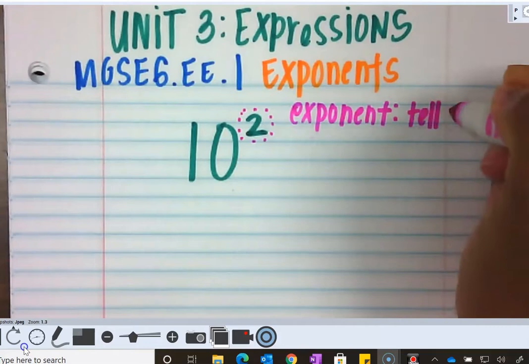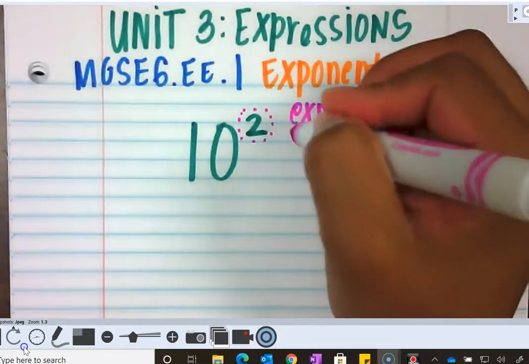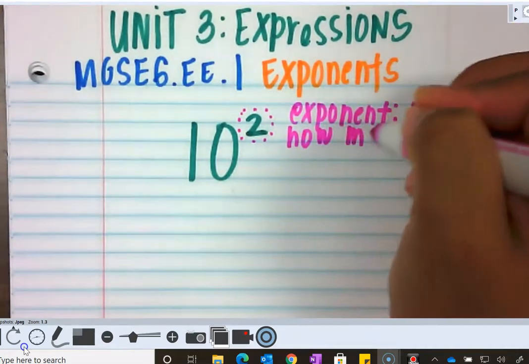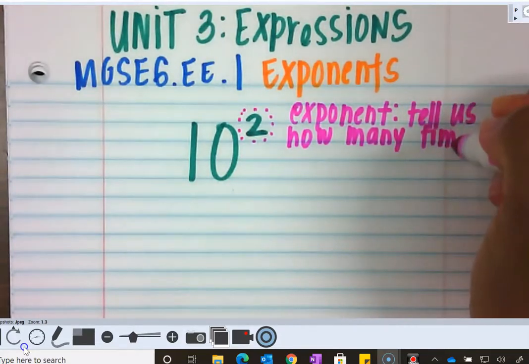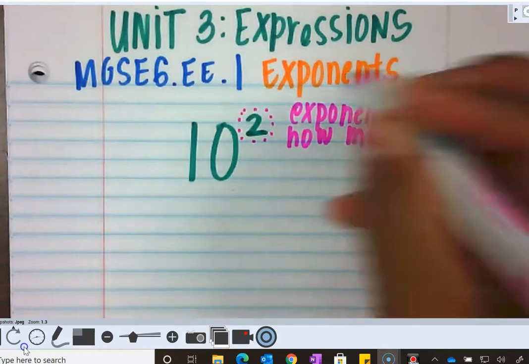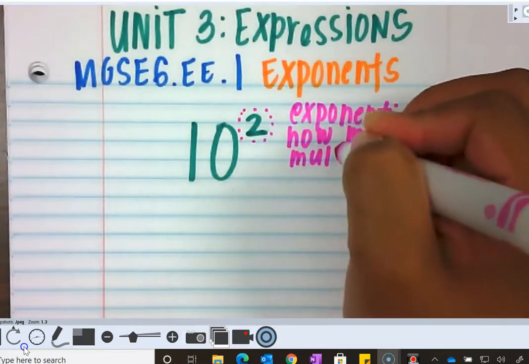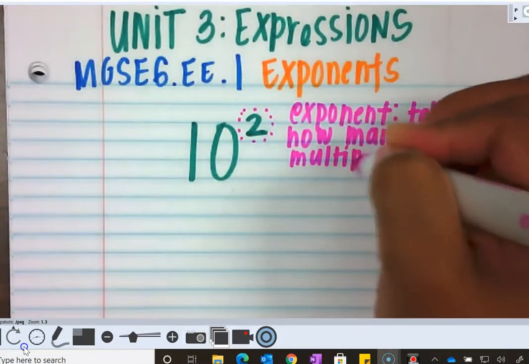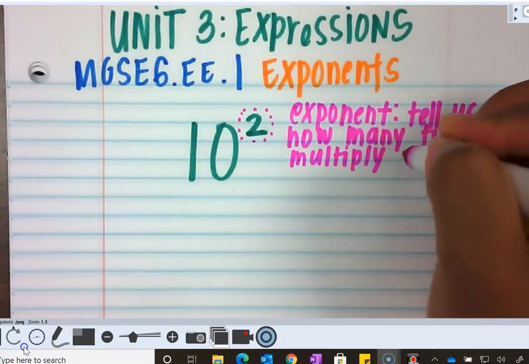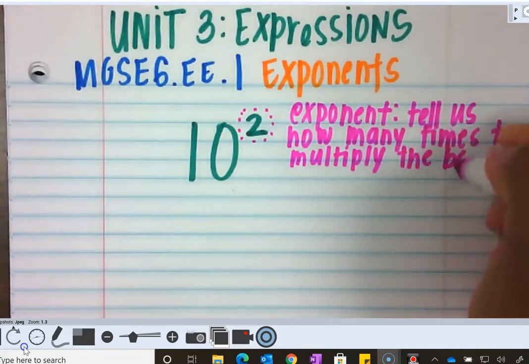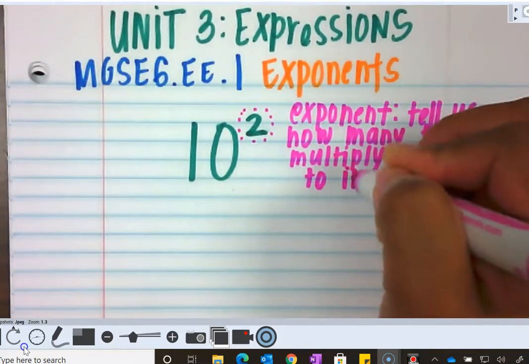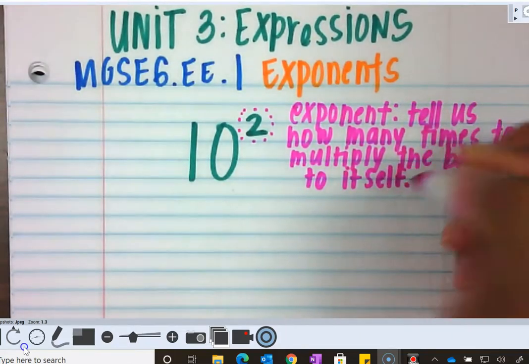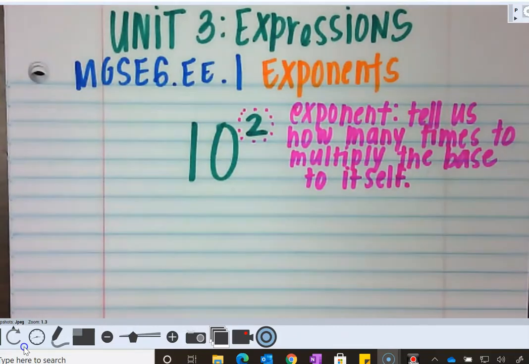And this tells us how many times to multiply the base to itself. And now which number is the base?